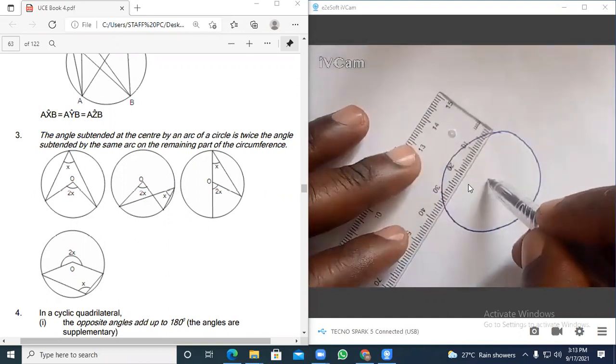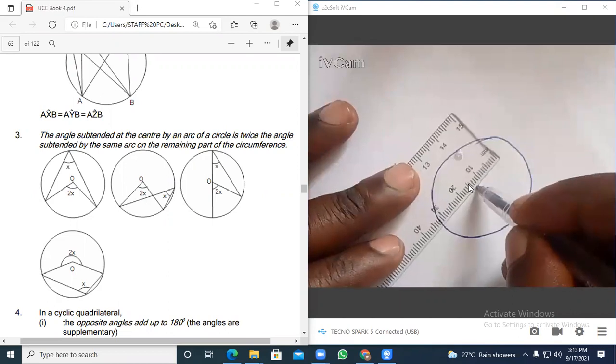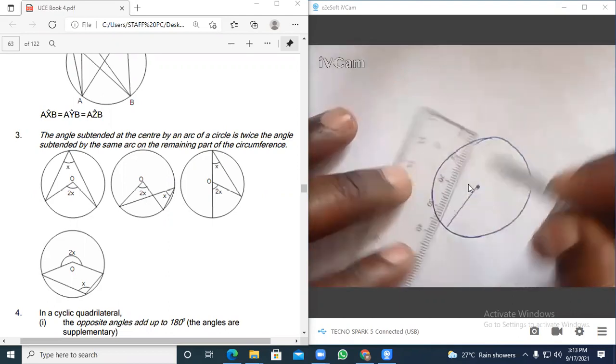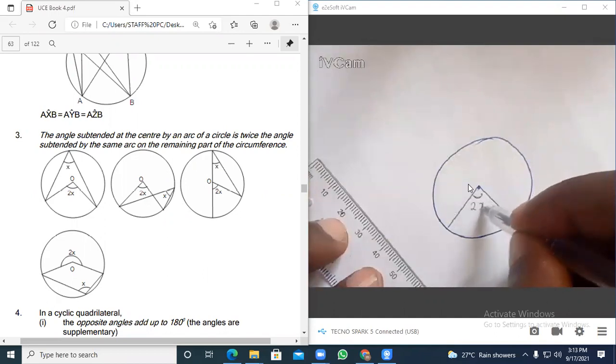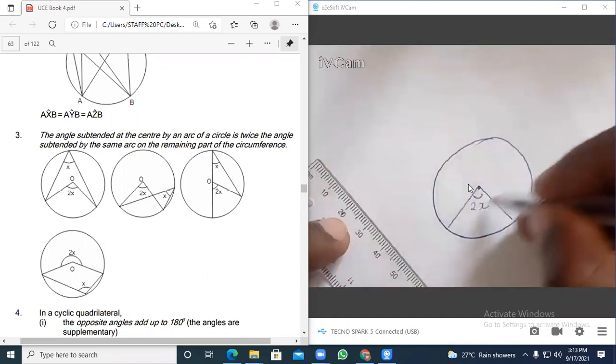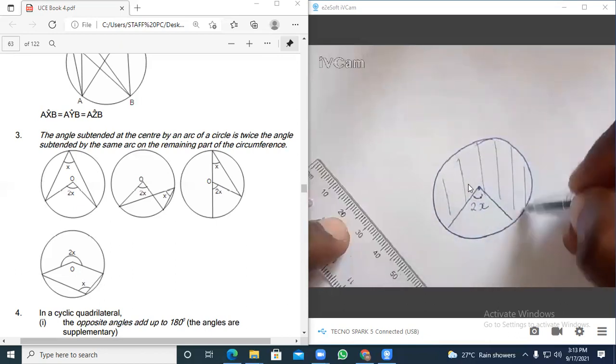So if this is the center of this circle, then if I decide to put 2x this side, then the angles that are half of this must be on this other part. Are we together? Yes.